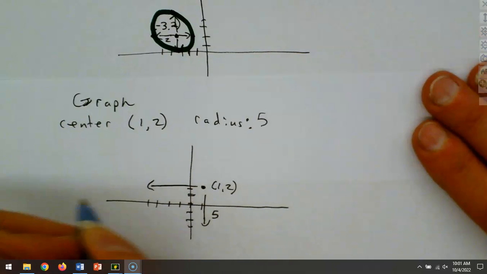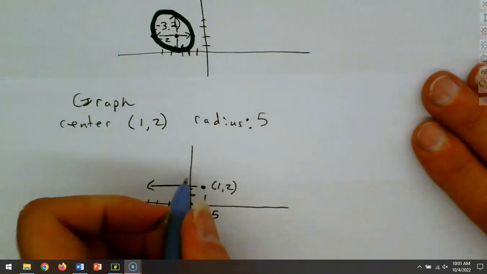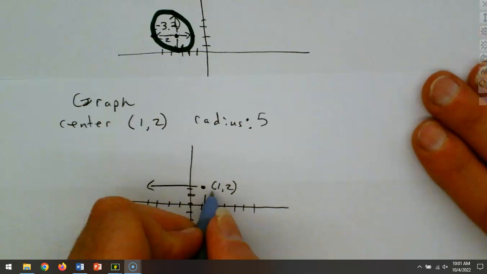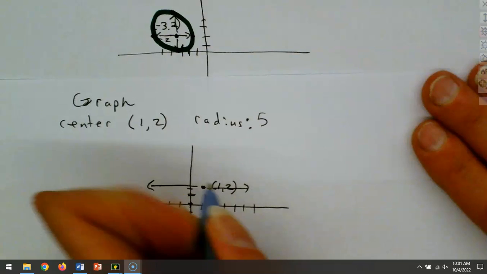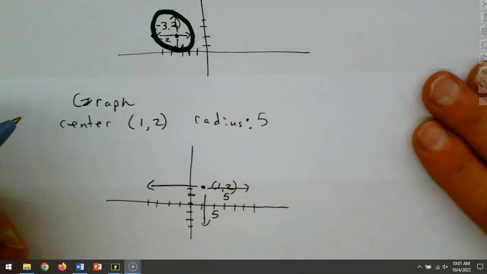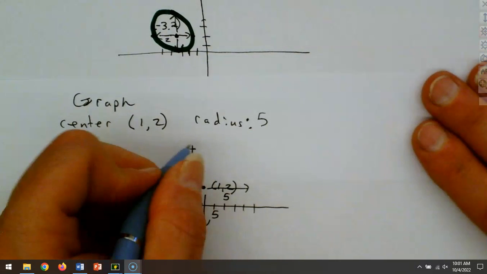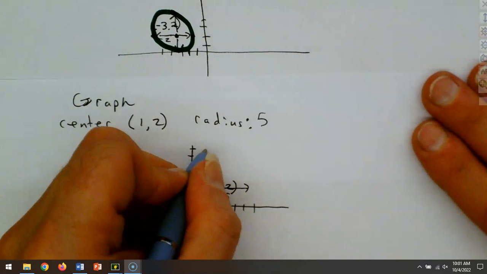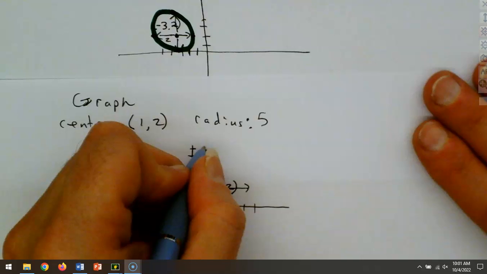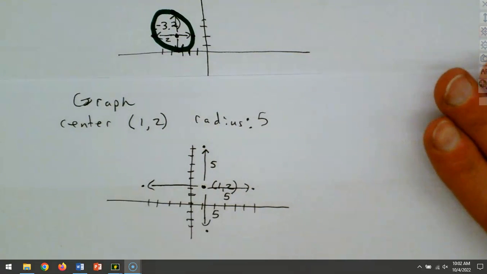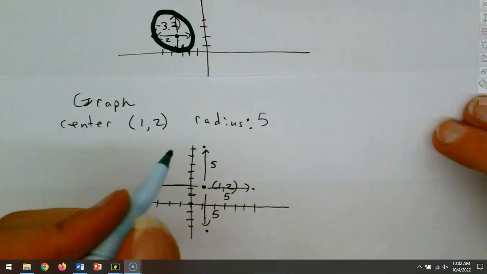We're going to go forward 5 units. 1, 2, 3, 4, 5 units forward. And then we're also going to go up 5 units. So 1, 2, 3, 4, 5 units up. Now we've got our points. And we can connect those together and make our circle.